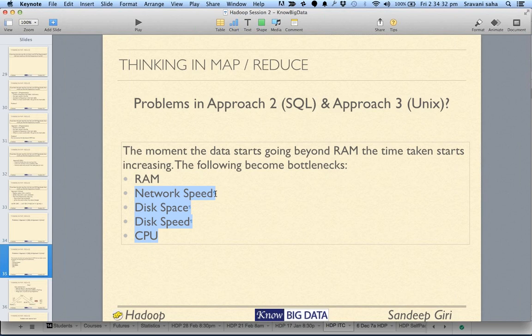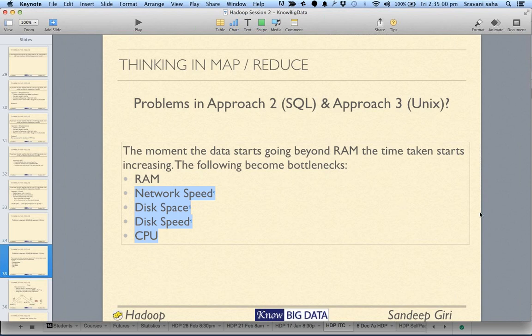You might have to create a copy, which is not possible, and therefore you end up copying it to the network database, which might take a lot of time. So the network speed, disk speed, CPU, and disk space might become your potential bottleneck, although you have avoided RAM successfully at various points, right?